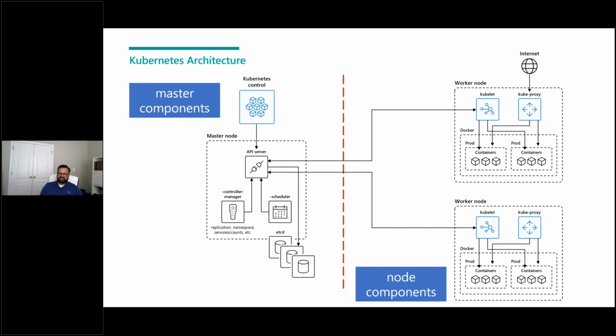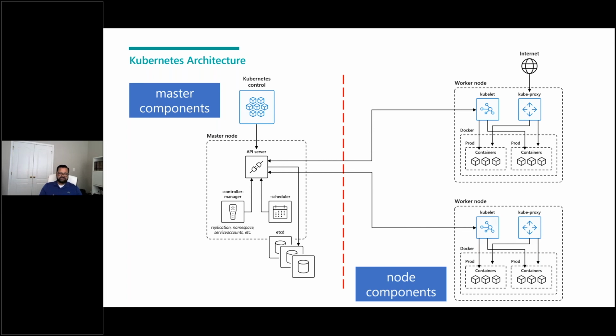You translate into the node and then it runs those things there. And then the kube proxy, which allows you to interact, provides an IP address for any of those containers running within that. And then the master is the one that ties all these things together.